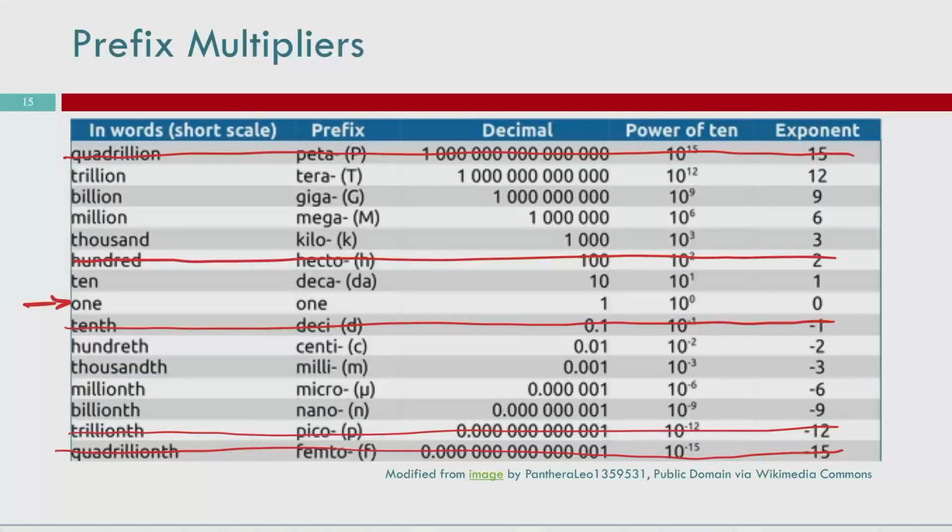If we get down to milli or up to kilo, when we start moving past, we're moving in increments of 3. It's always going to be intervals of 3 once we get outside of those little weird ones, deca, deci, hecto, centi. So if you remember the order of kilo, mega, giga, tera, kilo is 10 to the 3, and you just add 3 for each step that you move up.